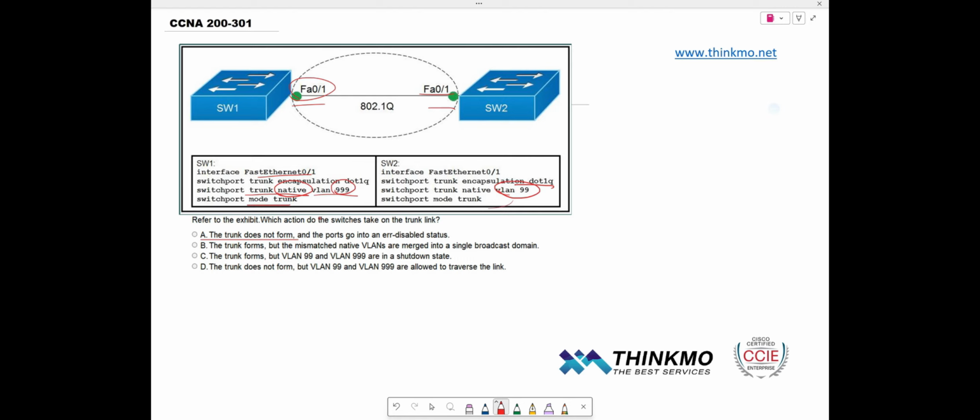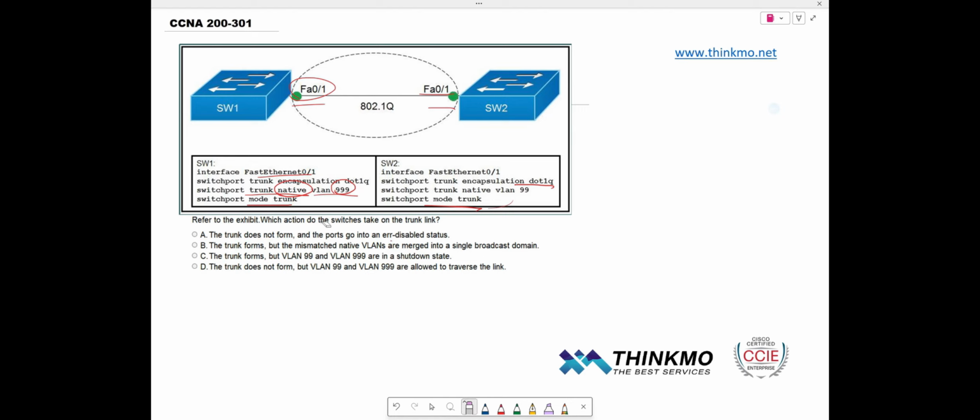Here's the difference. Then for the one below, the mode is the same for both. They're both in trunk mode. Option A says that this cannot form a trunk link, and the port will enter an error disabled state. Well, regarding the native VLAN, if the two sides are different, then this will indeed happen.